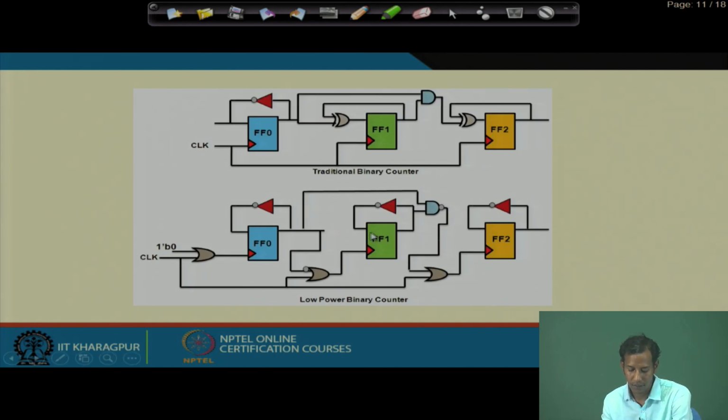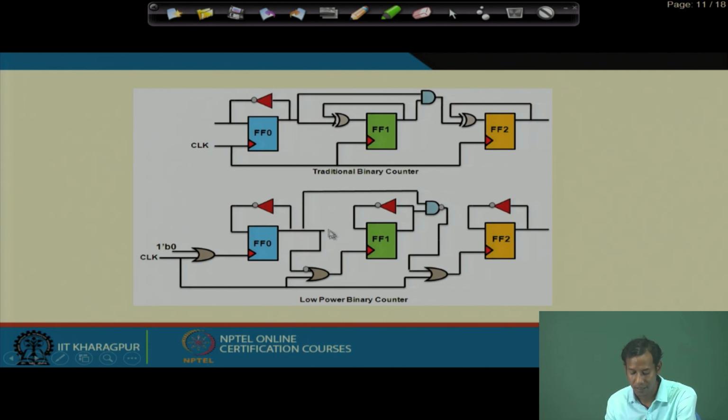So, this is one example, the traditional binary counter which we have already seen. Okay. In the first stage there is this T flip flop, then we have this XOR gate, then again it is ANDed. Now if I make this traditional binary counter into the low power mode, at that time what will happen? This is 1, this is B0, all the clocks are now gated and these will be the corresponding enable signals to the clock.